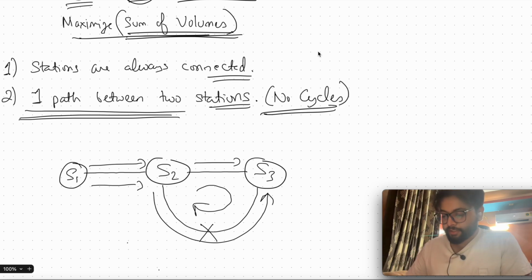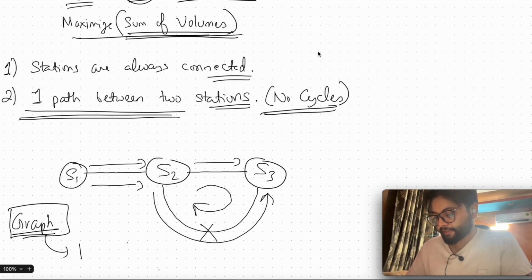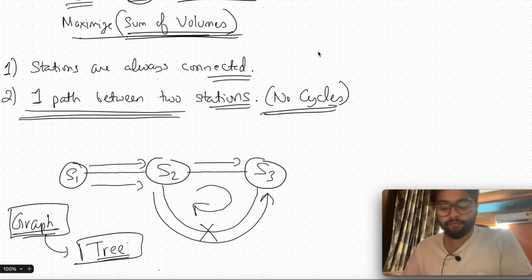So initially it looked like a graph problem, or basically the structure which we currently have is a graph, but now we can say that it's not only a graph but also a tree, because a tree is a kind of graph, right? And we can safely say that it's now a tree because all the stations are connected to each other and there are no cycles, right?